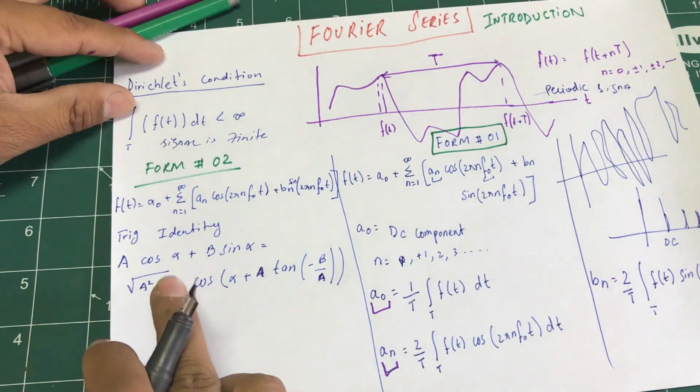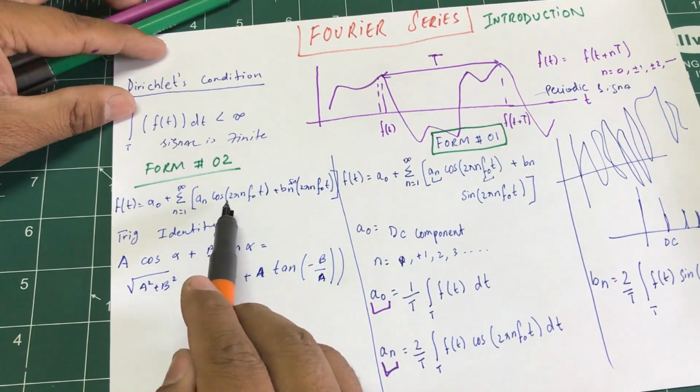All right. So I can use this trig identity and apply it in place of this.